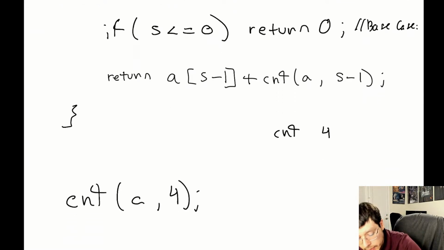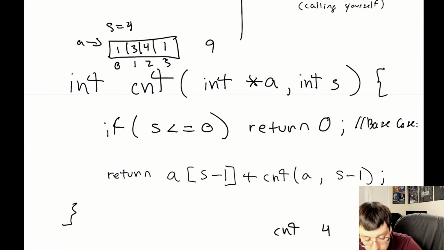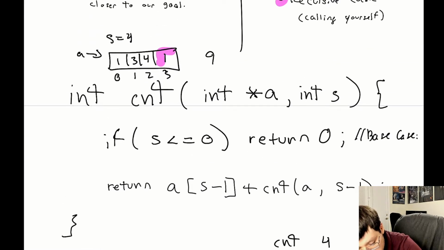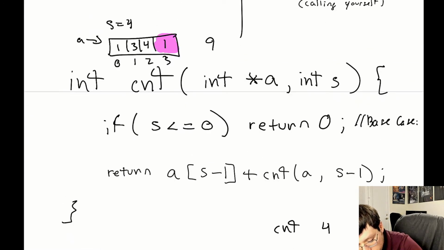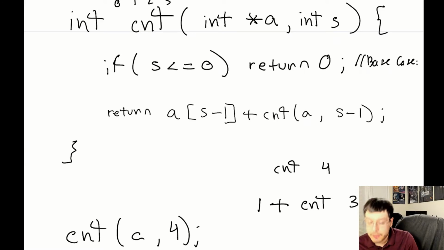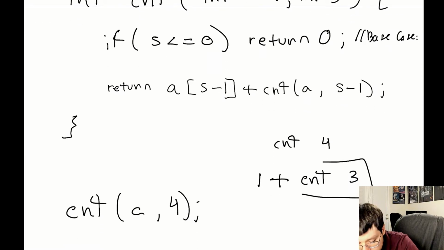That is going to basically return spot S-1, so 3, so index 3, so return the value of 1, this index value here. So 1 plus whatever the CNT for 3 is, right? Because S-1 is 3. But we don't know what this is.